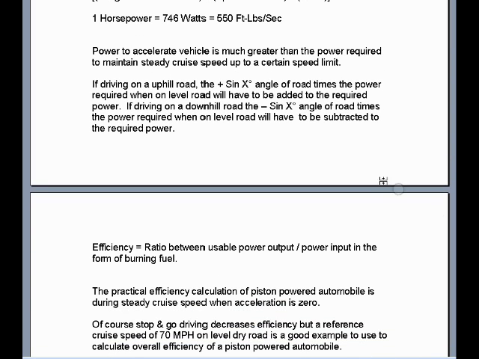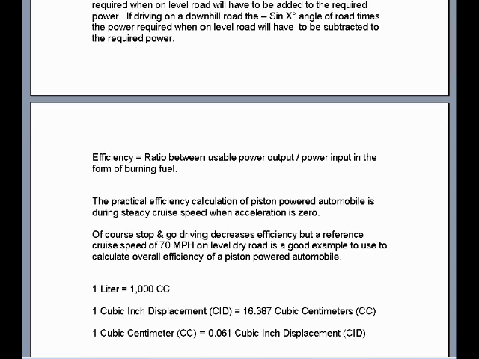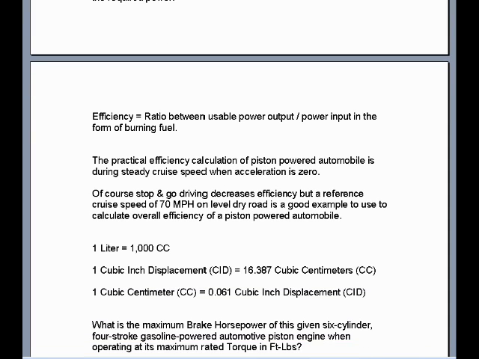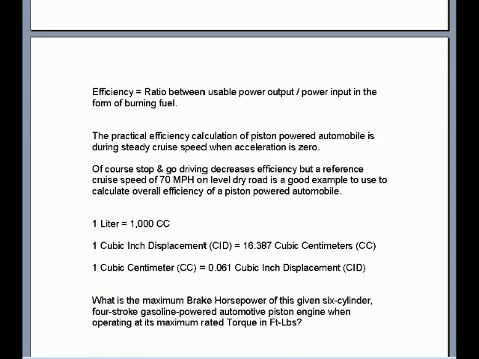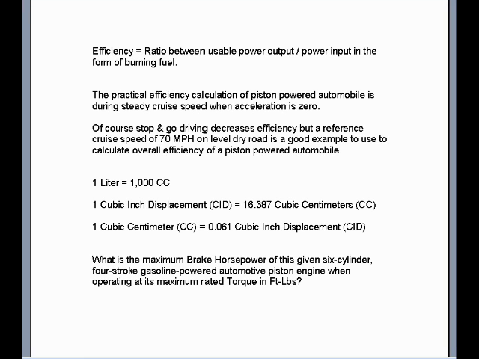Uphill and downhill variables are added and subtracted using the sine of the angle of the road in degrees. Since we're going to stick with level paved ground, we will use the previous formulations without respect to angle, positive or negative, of the road.